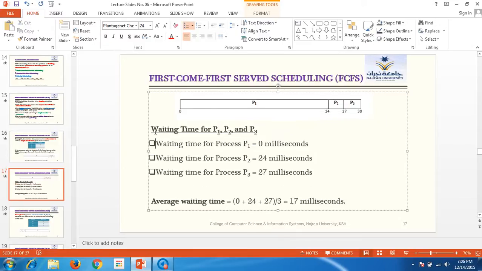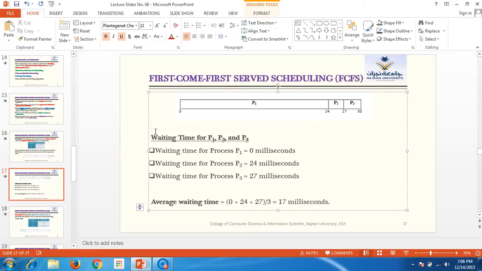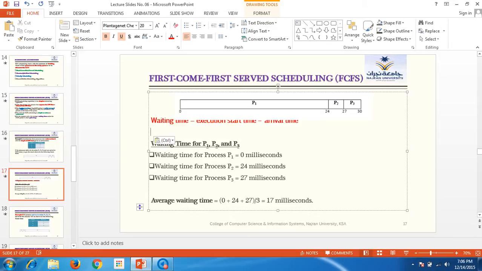This is the formula that you need to understand. This formula we are going to use to calculate the waiting time for each process.